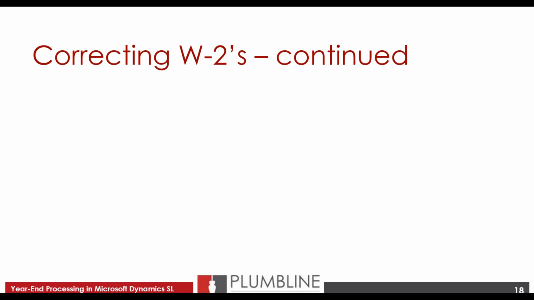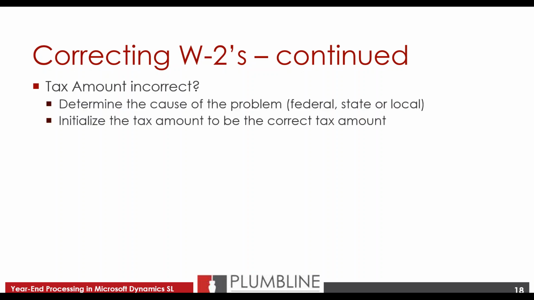Now, if a tax amount is found to be incorrect, we would want to take a look to see if the cause of the problem is with the federal, state, or local taxes, and make sure that the federal deductions are properly coded as type equal federal in the deduction maintenance screen.